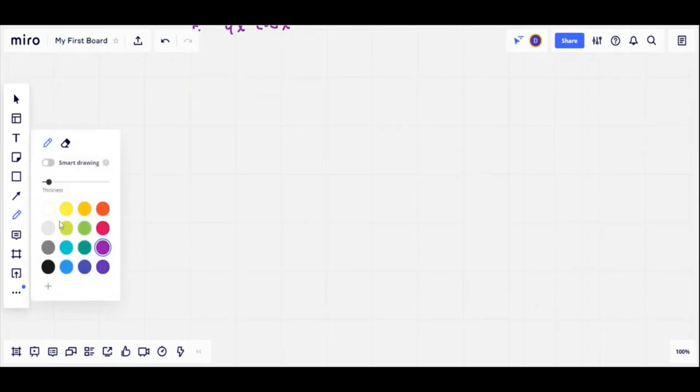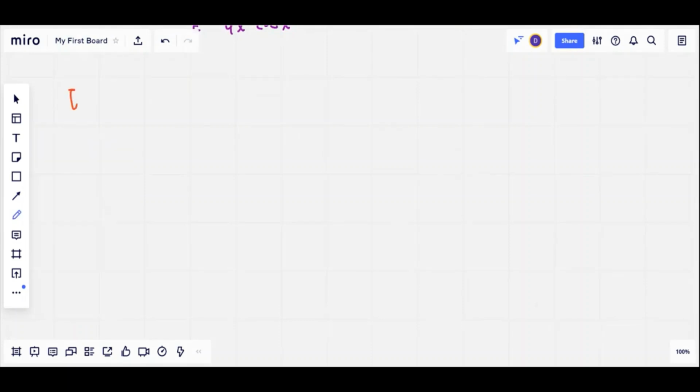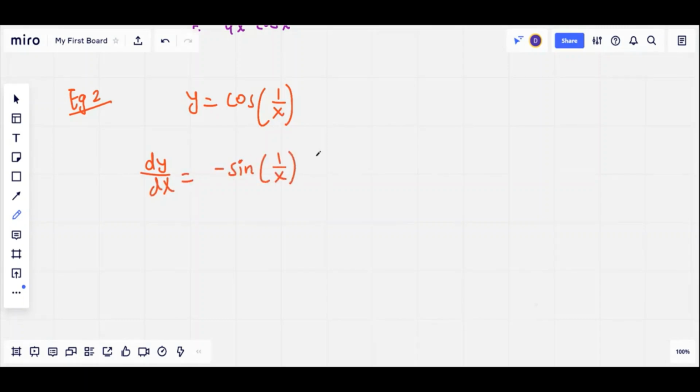Let's talk about question number 2. We have to differentiate cos of 1 over x. Again, d over dx: the differentiation of cos of something is negative sine of something, and then we go inside and differentiate the something, which is 1 over x. So negative sine of 1 over x remains as it is.